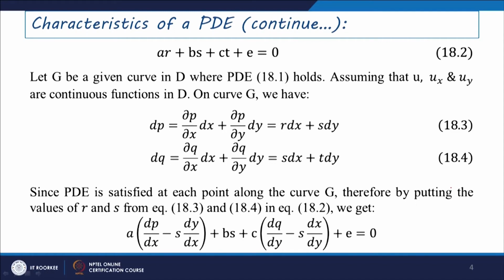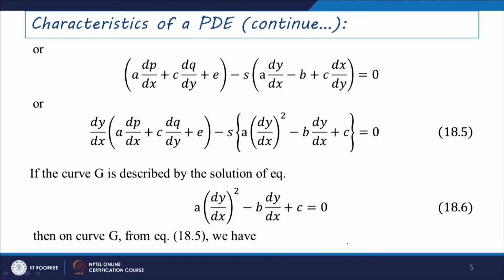If we put all these values of r and t from the first equations into the complete form, r can be written as dp/dx minus s dy/dx, plus bs, plus c into t, where t can be replaced as dq/dy minus s dx/dy, plus e equals 0.